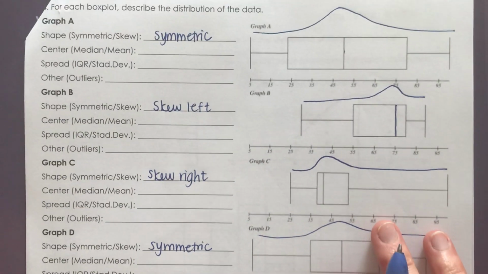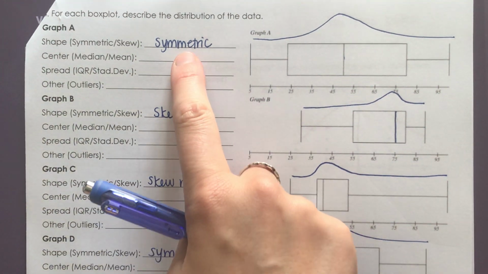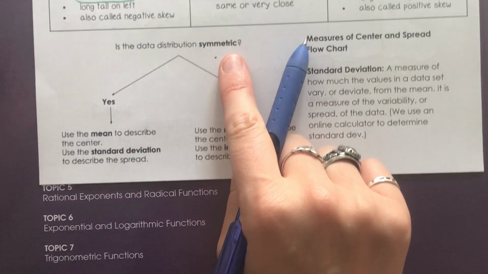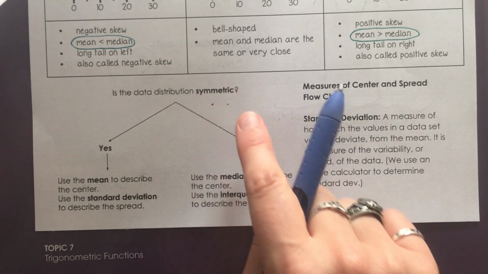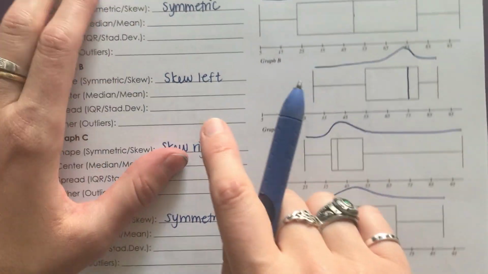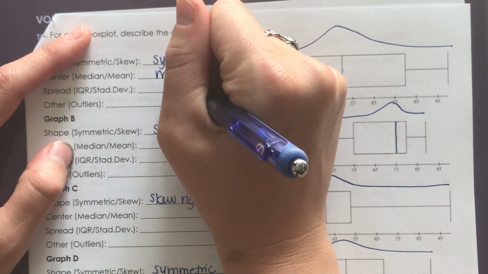Okay, now, are we going to use the median or the mean to describe the center? Well, if it is symmetric, I'm going to go back to my little chart here. If it is symmetric, I'm going to use the mean. If it is not symmetric, I'm going to use the median. So, this first one's symmetric. That means I'm going to use the mean.